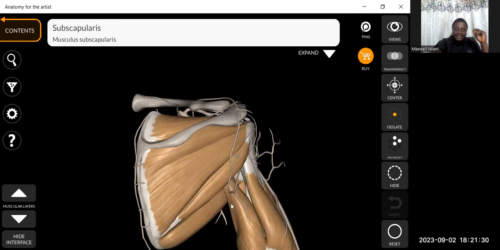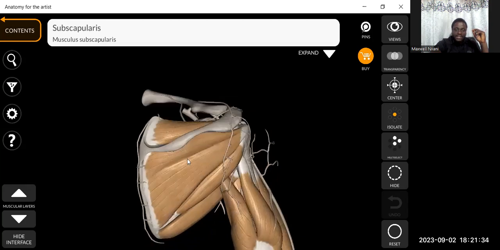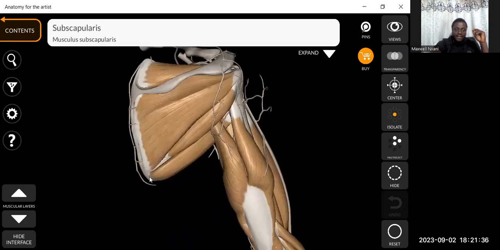And then at the inferior angle itself, we have the latissimus dorsi. Those muscles I just called are not represented here because they do not originate from the scapula. So we have the latissimus dorsi just at the inferior angle.